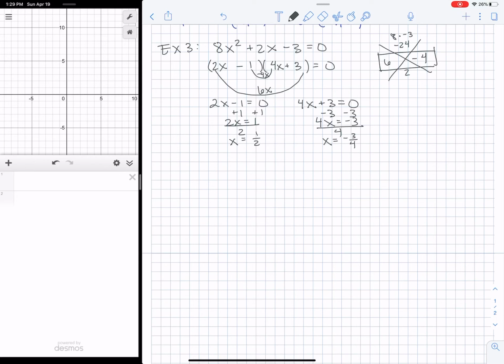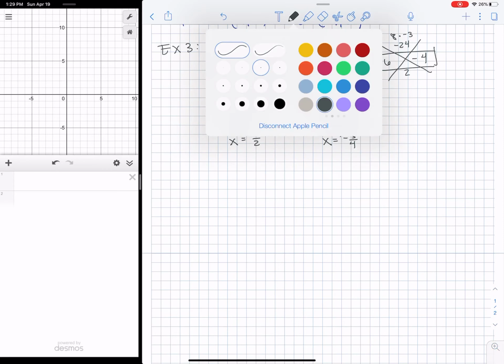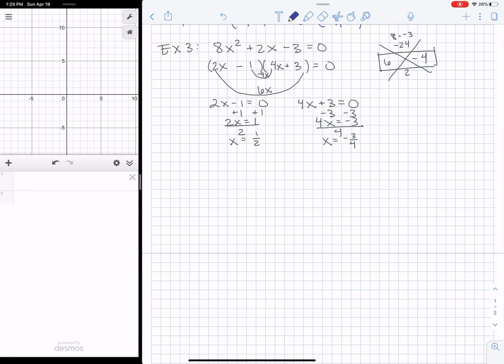Okay, so those are my roots. However, Desmos likes to use decimals. So I'm going to transfer these into decimals really fast. So I'm going to say one of my x-intercepts is going to be at 0.50, and my other one is going to be at negative 0.750. And again, these are my roots, what it means to solve over here.